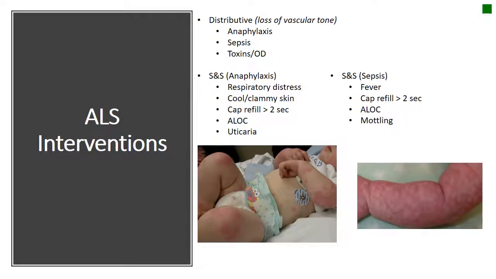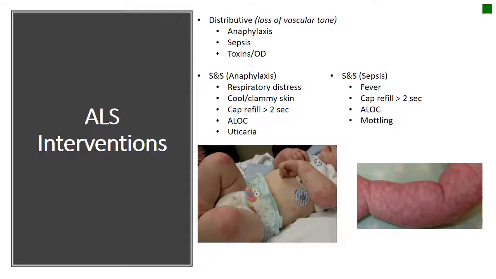In terms of distributive shock, the loss of vascular tone can be from such things as anaphylaxis, sepsis, or overdoses and other toxins. So the signs and symptoms for anaphylaxis: respiratory distress, cool, clammy skin, poor capillary refill greater than 2 seconds, and altered level of consciousness.